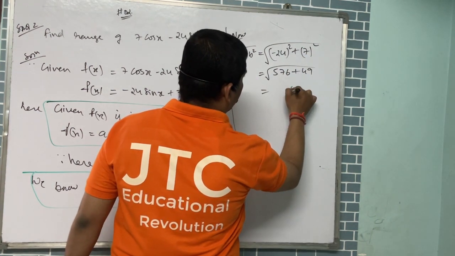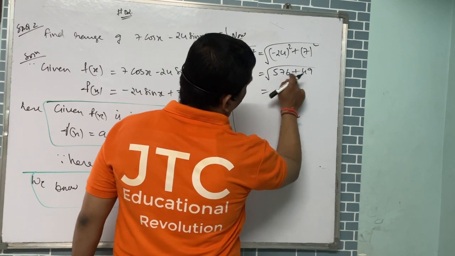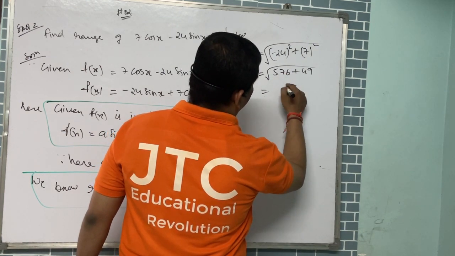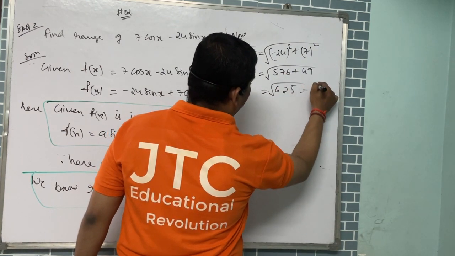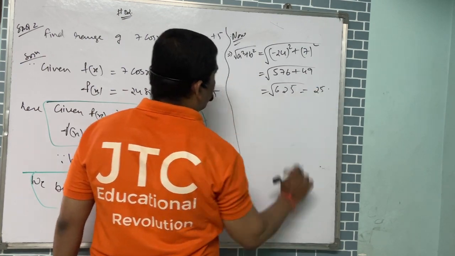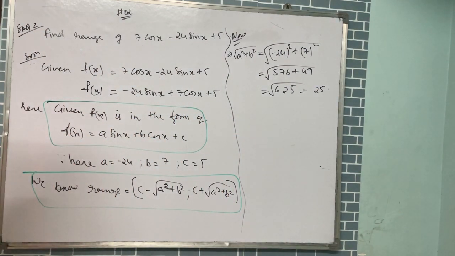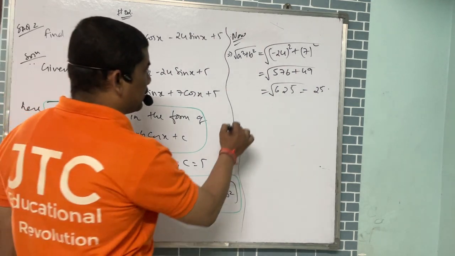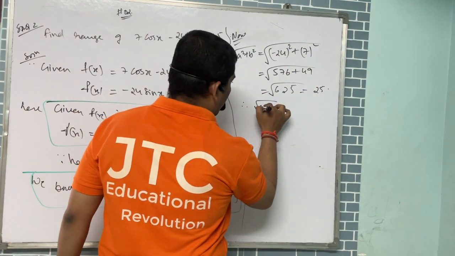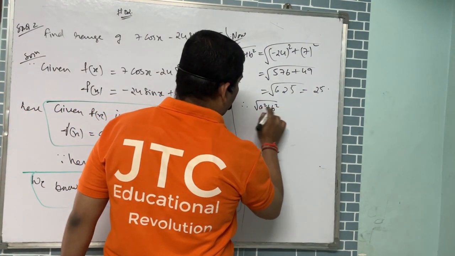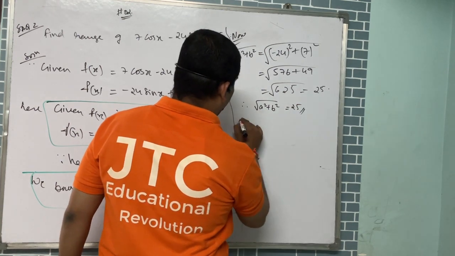If we add this, we get 625. The square root of 625 is 25 only. So the square root of a square plus b square is equal to 25.